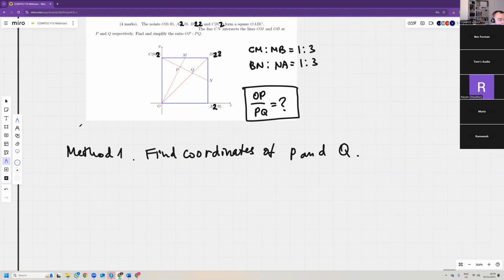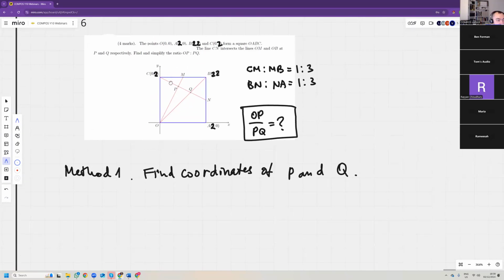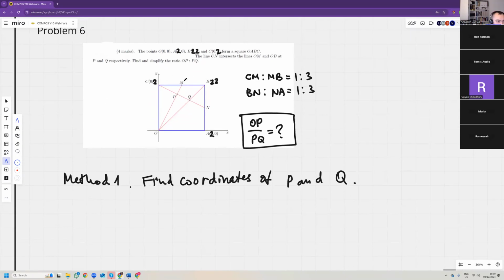We know the coordinates of point M because the ratio is 1 to 3. That means it is a quarter. So M is 0.5, 2.